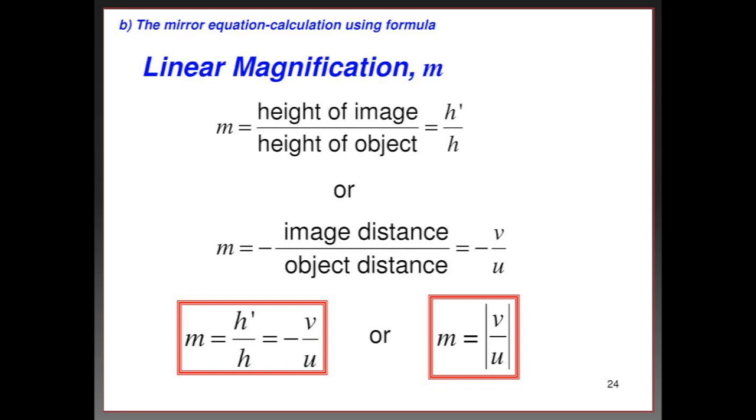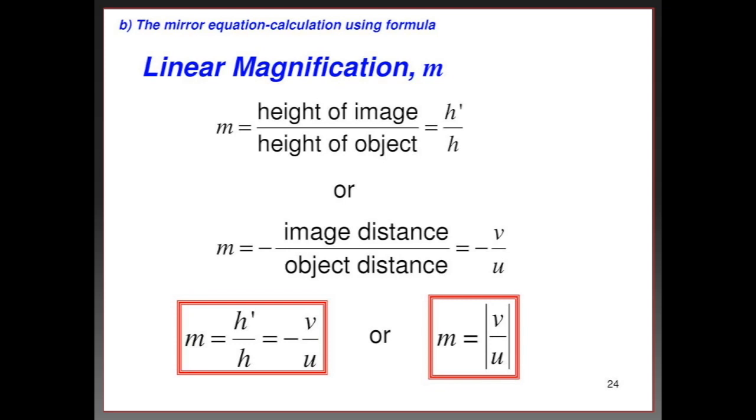Further, as it is related to the distance of the object u and the distance of the image v, M equals v by u. If the magnification is greater than 1, then we get an enlarged image.